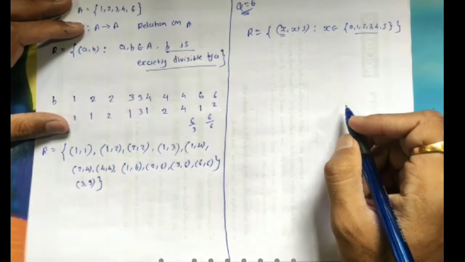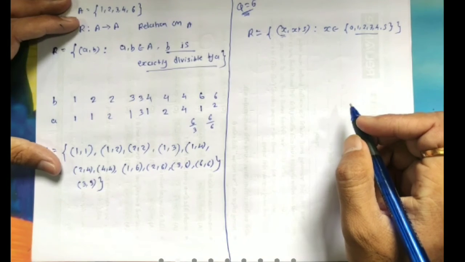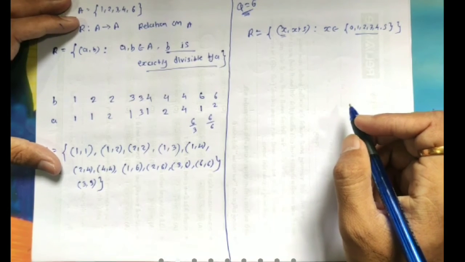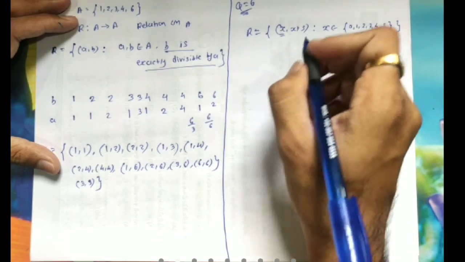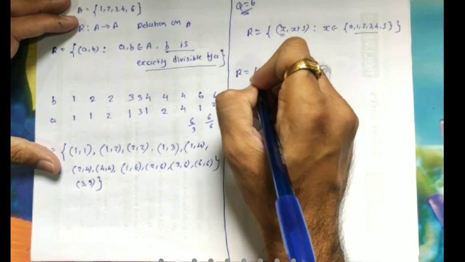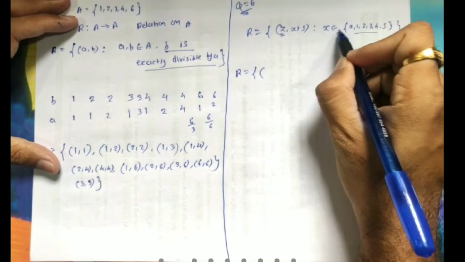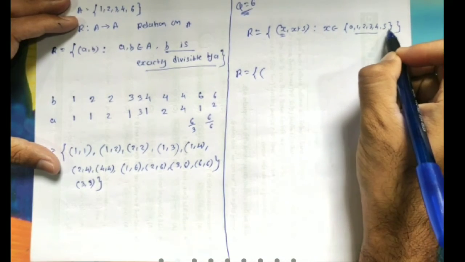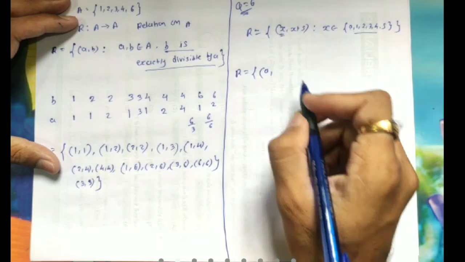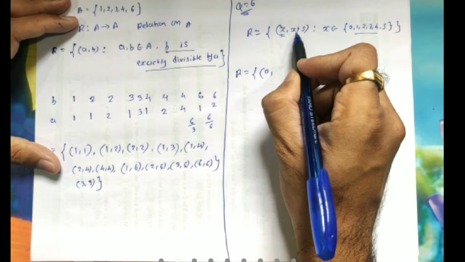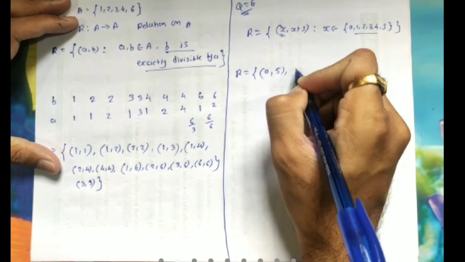Done? So for this relation, first you have to find the roster form. After finding the roster form, you have to find the domain, range and codomain. So here the condition is x plus 5. So start writing relation R. The values of x must belong to the set {0, 1, 2, 3, 4, 5}. First we take x equal to 0. Then the second element of the ordered pair will be 0 plus 5, so it's 5.